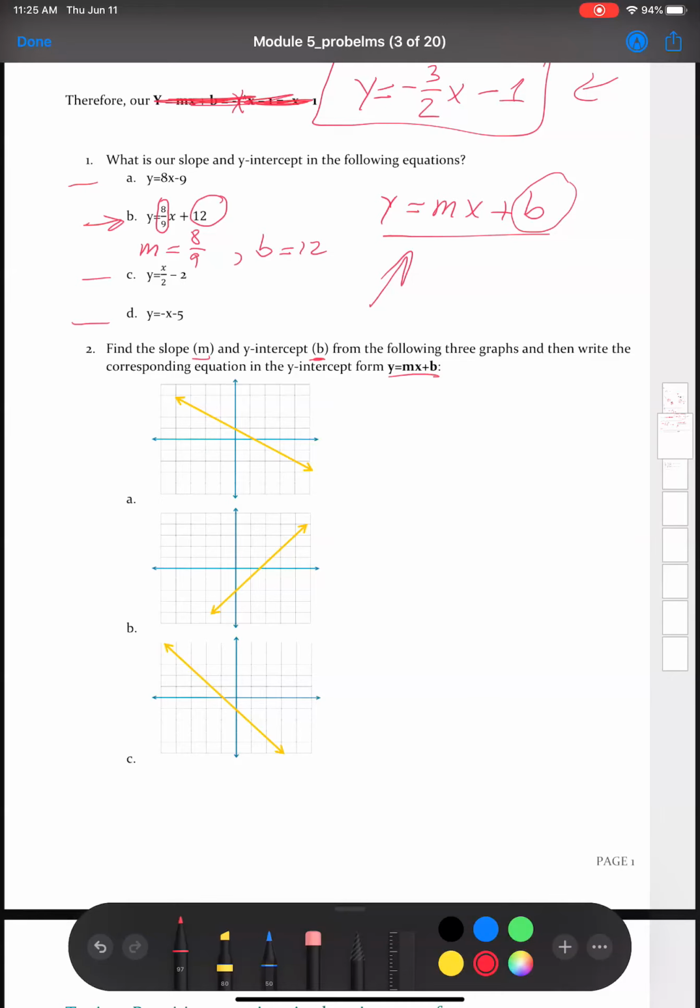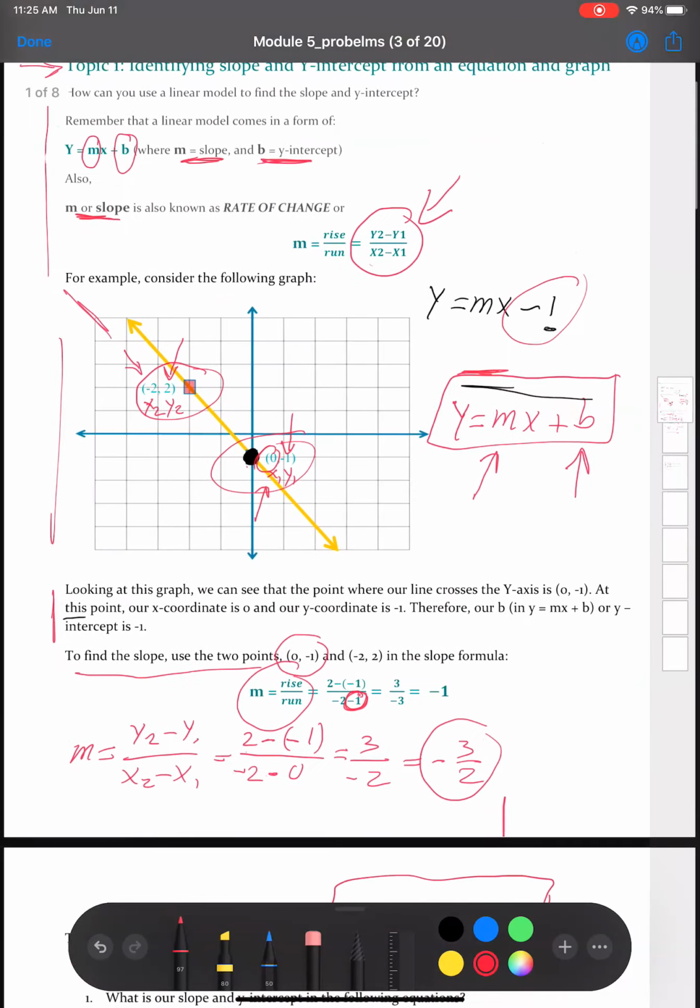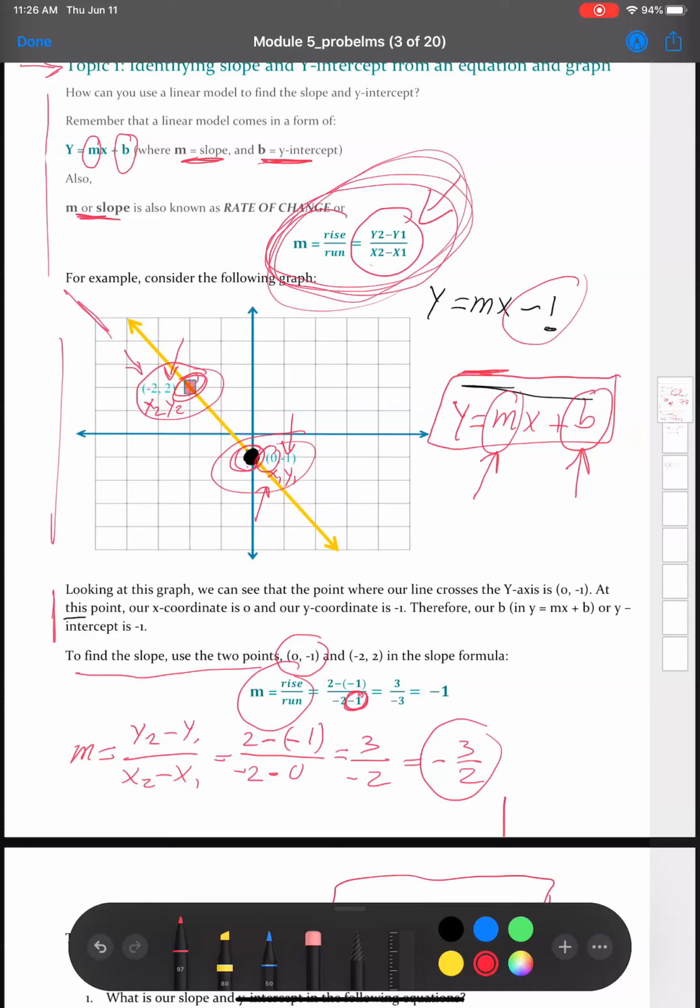If you look at your sample problem, first you're going to locate 2 points on your line. And then from those 2 points, you're going to be able to find your b, or the y-intercept, and your slope. You'll find the slope using this formula right here: the change in y divided by the change in x.